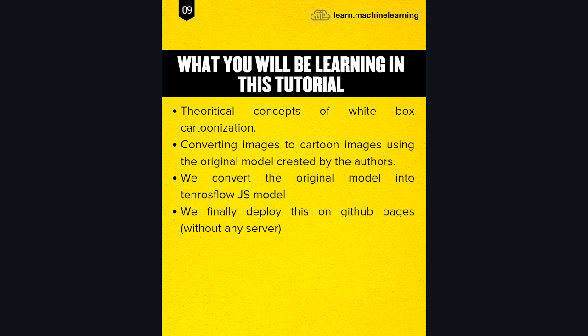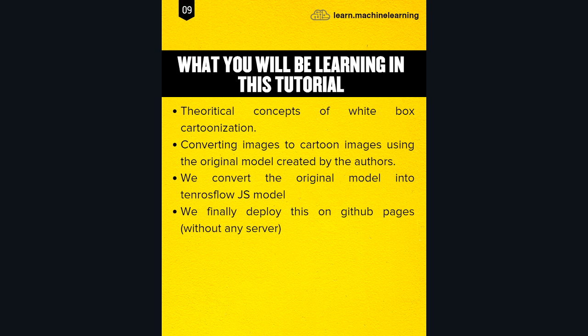And what will we be learning in this tutorial? I just explained the small theoretical concepts, what exactly they are doing and how the algorithm is working. I completed that part, and the next part is a small demo of how we'll convert images to cartoon images using the original implementation by the authors.